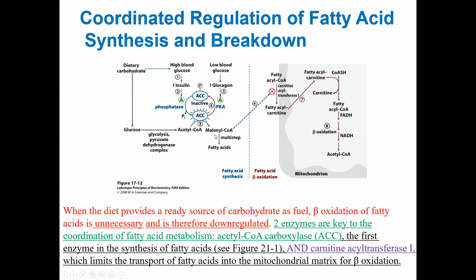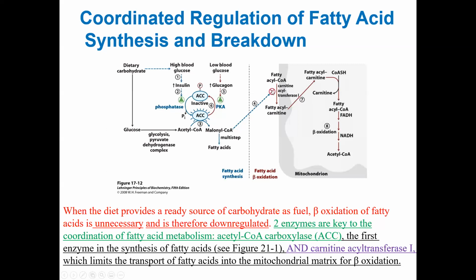Malonyl coenzyme A, if you recall, is a competitive inhibitor of carnitine acyltransferase 1. And so once the malonyl coenzyme A concentration rises, while it will go on to make new fatty acids in the cytosol, it will also go and inhibit.